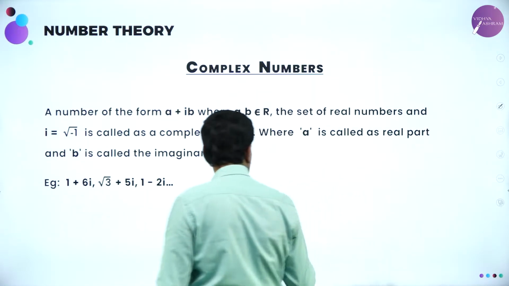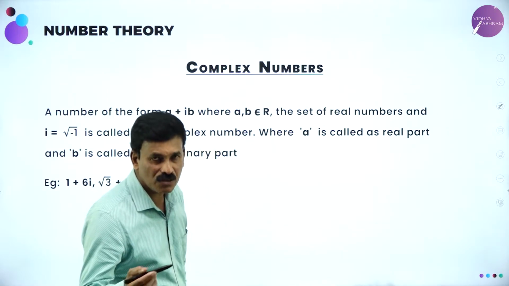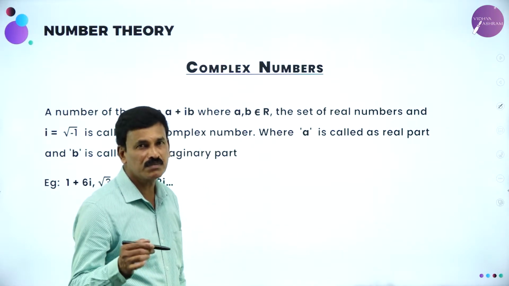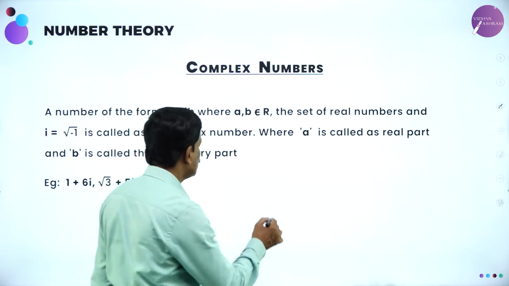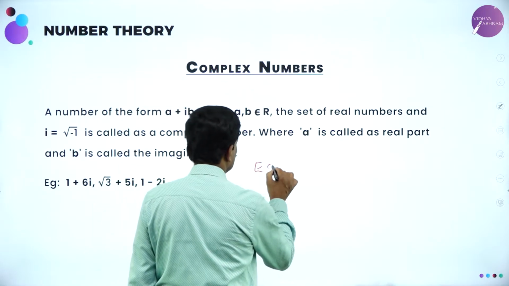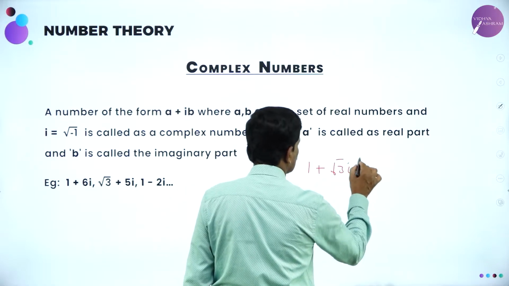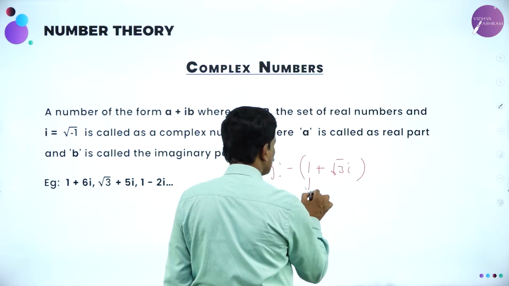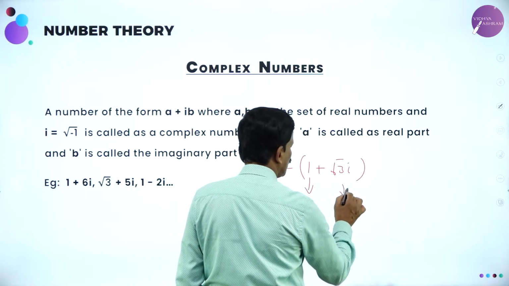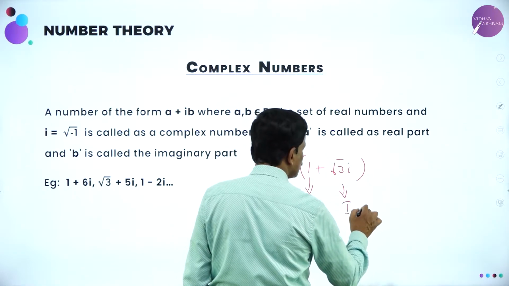Another example is 1 plus root 3i, which is also a complex number. Here 1 is called the real part and root 3 is called the imaginary part.